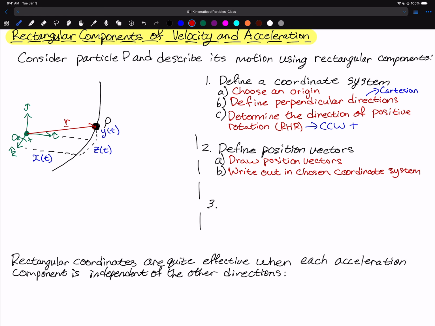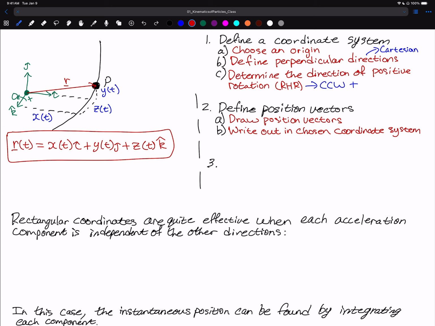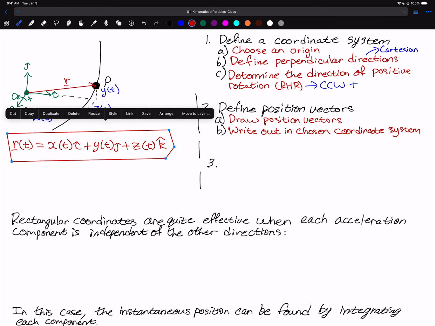So r here is going to be r of t, which is a vector. Again, underline means a vector. It's going to be equal to x of t times i plus y of t j plus z of t in the k direction. That's our position vector. Let's draw a better square around that.